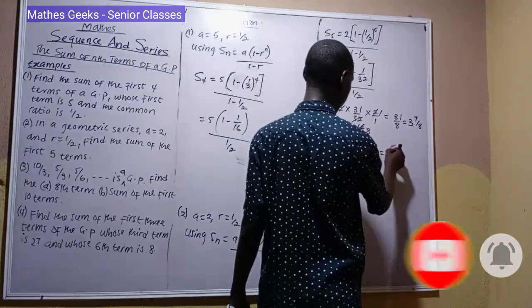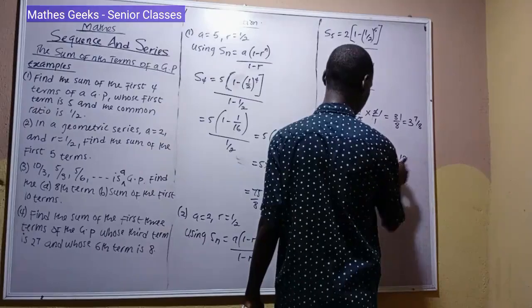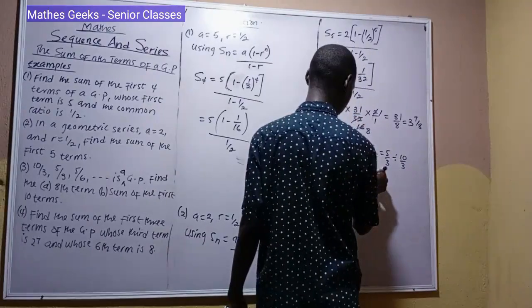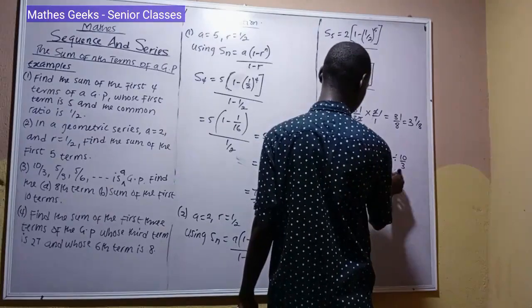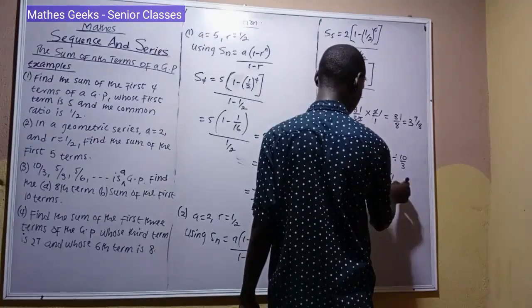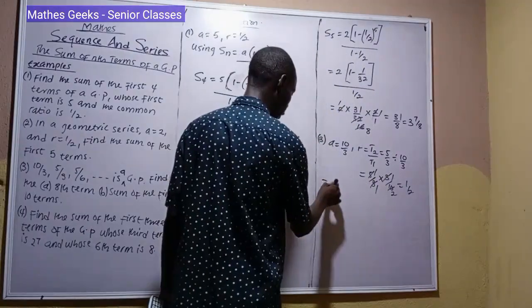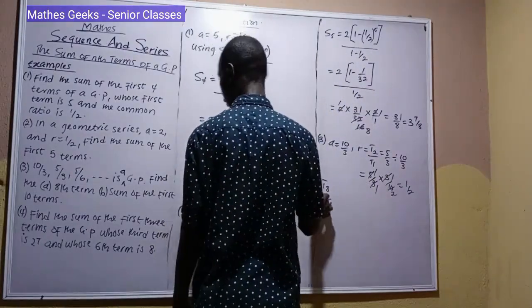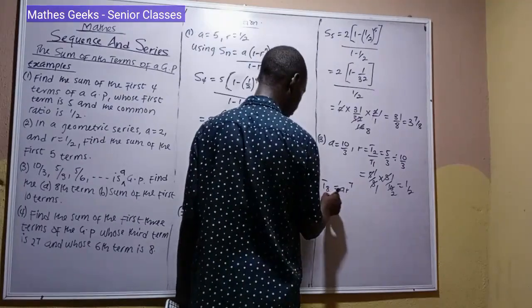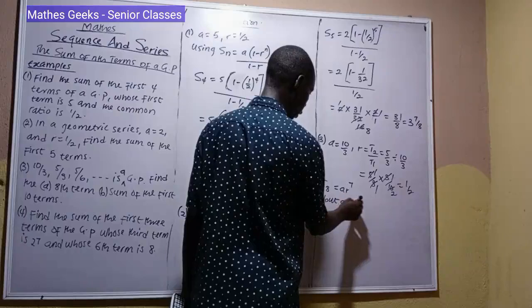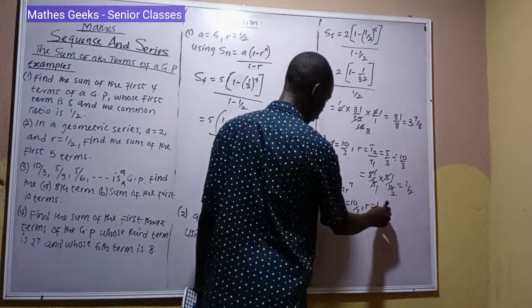T2 is 5 over 3 divided by 10 over 3, which is equal to 5 over 3 times 3 over 10, which is 1 over 2.